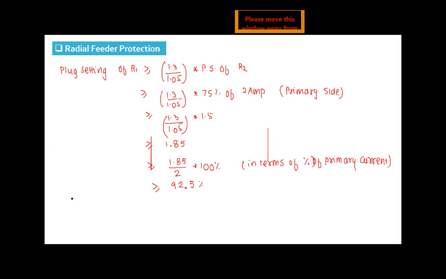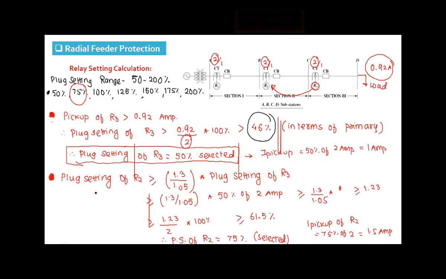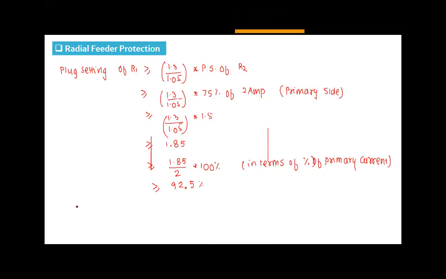So what is the selected value? It should be greater than 92.5. What value will you select from the available range? 100%. So the plug setting of R3 is selected.